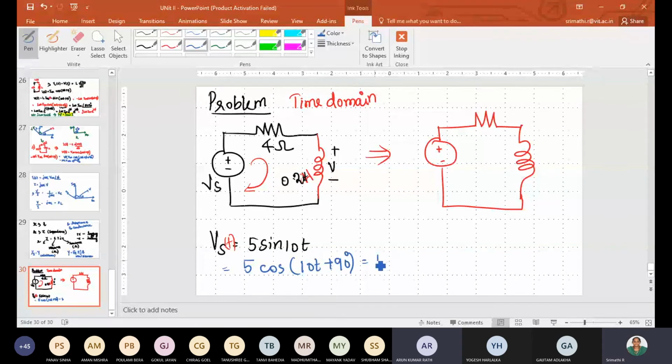Is it minus 90 or plus 90? Ma'am, it is sine, so there is no minus. So it will be minus 90. It will be plus only, no? Okay.